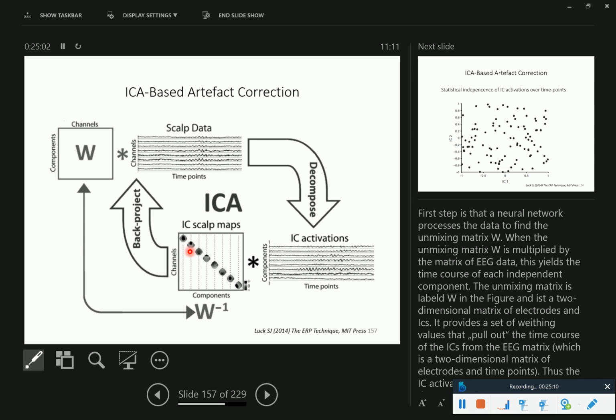These weights you can visualize for each electrode and each component, and then you can project them onto a scalp map.